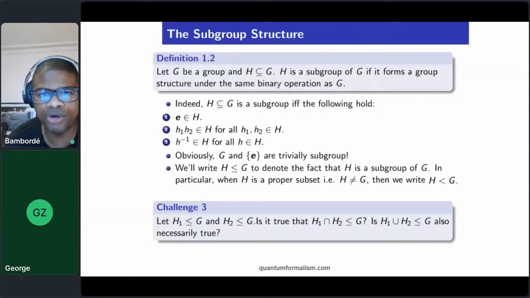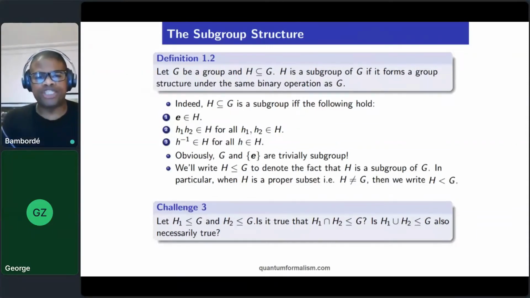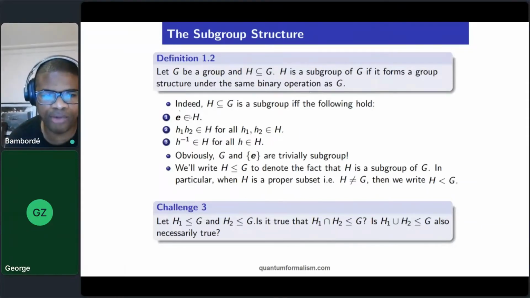We say H is a subgroup of G if H forms a group under the same binary operation as G. A more formal way to say this is that H is a subgroup if and only if these things hold.